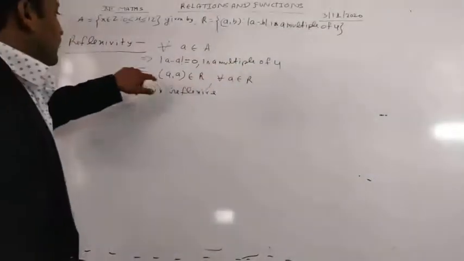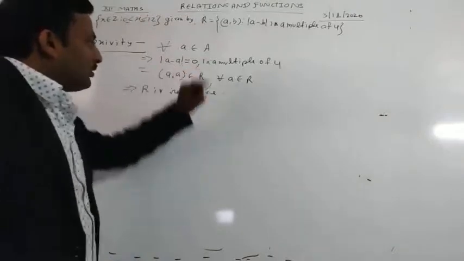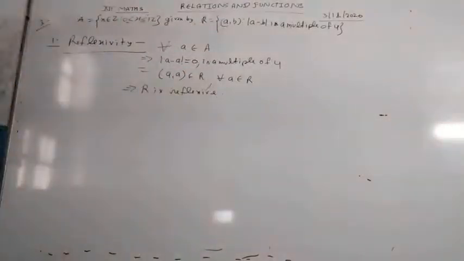So we can say that (a, a) belongs to R for all a belonging to A. Okay, so R is reflexive.